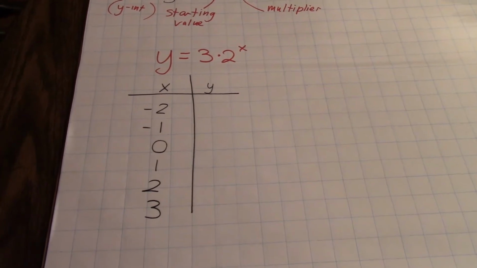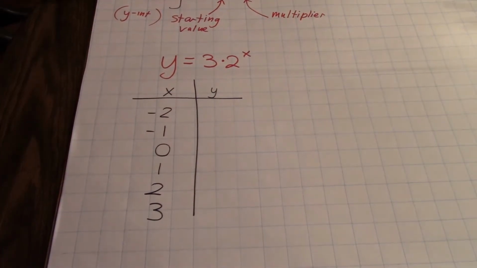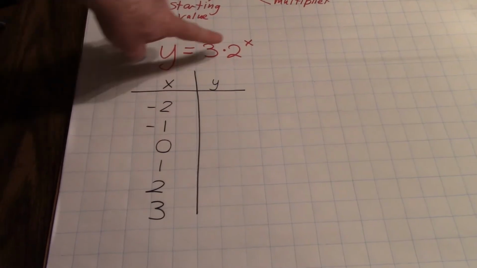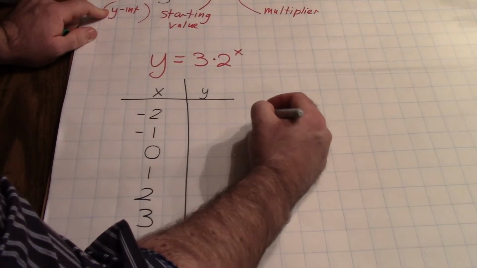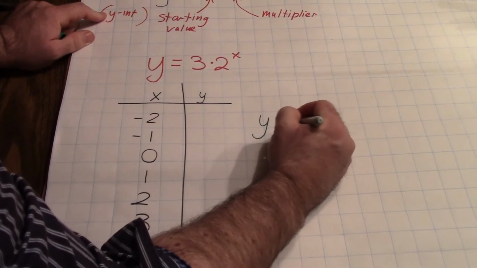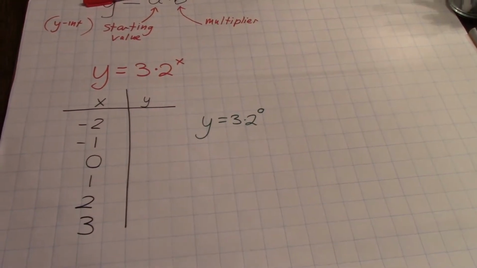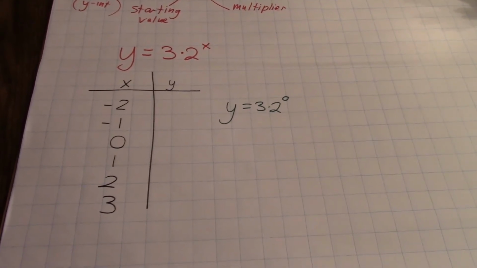So when we're looking at this, let's start with 0. That's always a good place to begin on a function. Let's think about what this means. I'm going to plug 0 into this equation for x. So I'm going to say y equals 3 times 2 to the 0 power. Now we have to remember from our last video what we did for 0 powers.